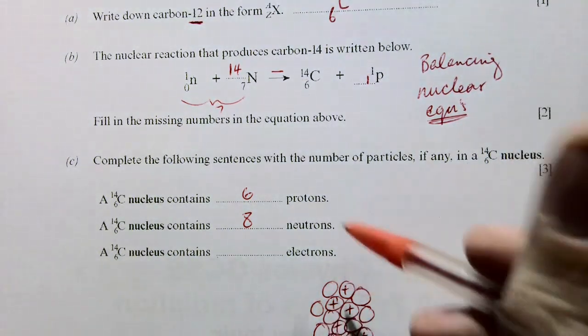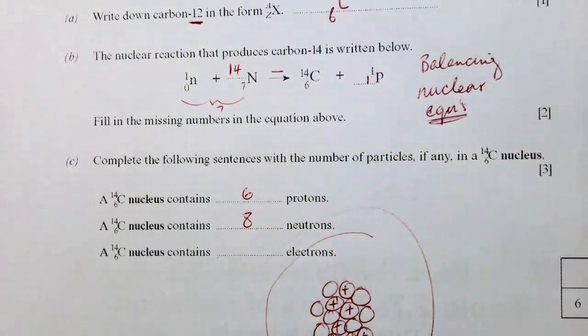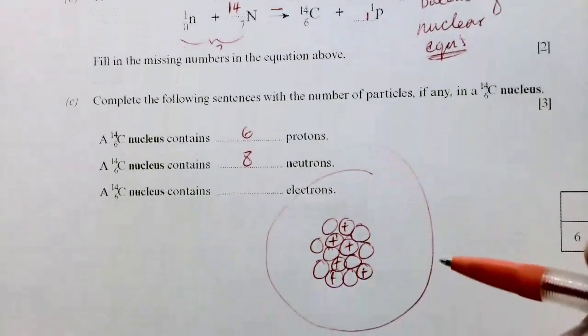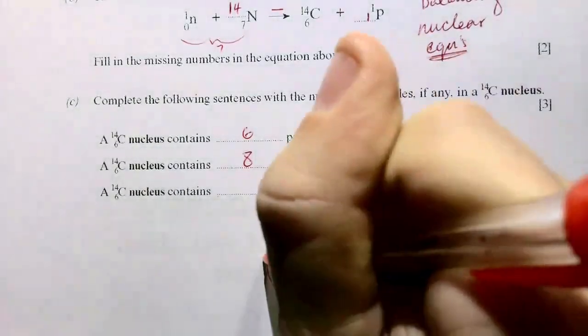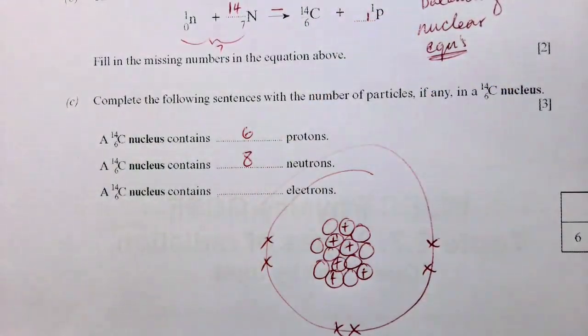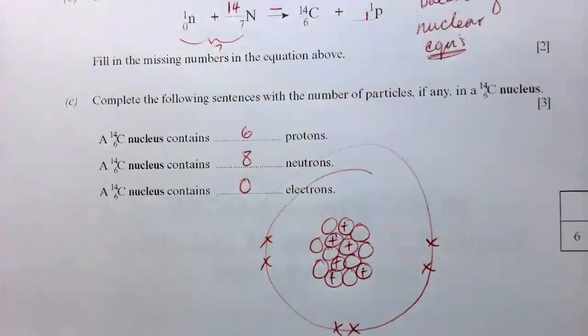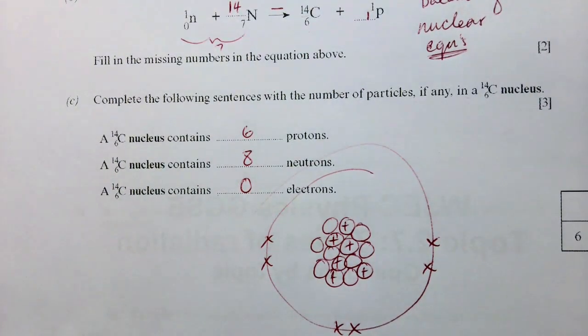But of course, the electrons, if you remember, in terms of atomic structure, are in fact around the outside. So in this case, I'd have my 6 electrons. However, they would not be located in the nucleus. So it contains 0 electrons. So the atom contains 6 electrons, but the nucleus contains no electrons, okay?